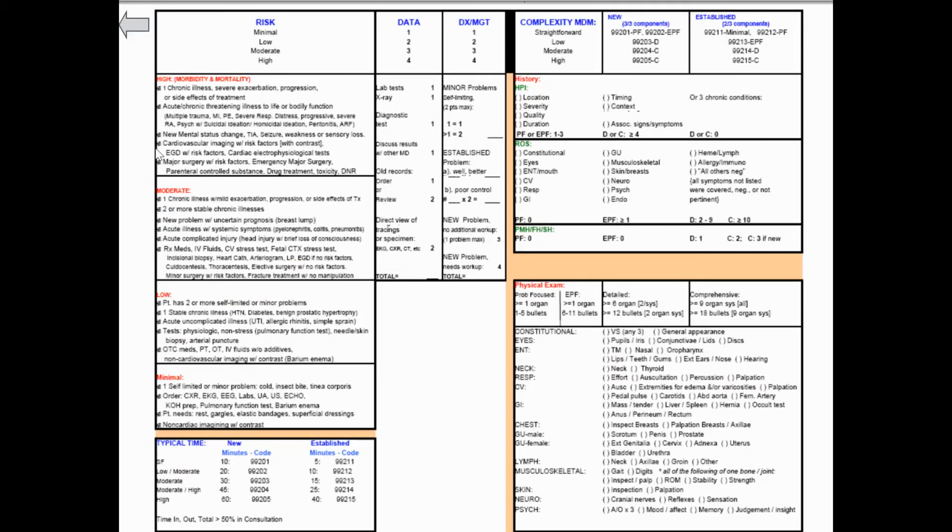If it's in front of you, just look under moderate where it says 1 chronic illness with a mild exacerbation, progression, or side effects of treatment. And I put these 3 examples at the very front. Why?